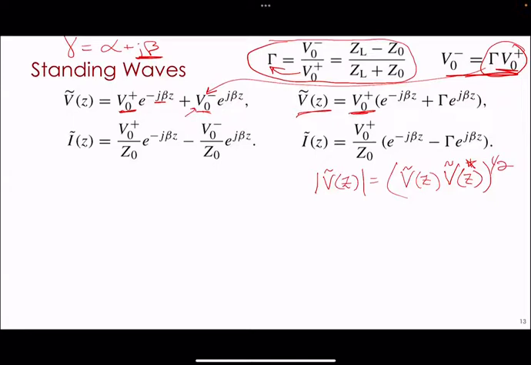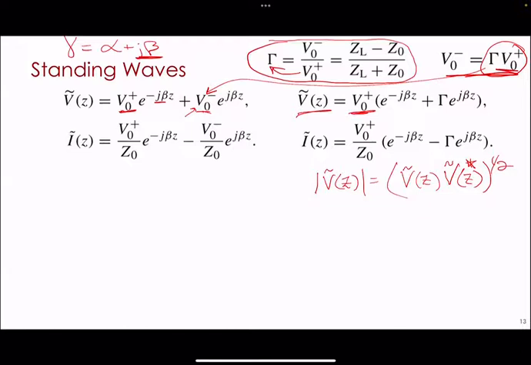If you don't buy it, you can take a complex number, just pick one, 3 plus j5. Calculate the magnitude the way I just described: 3 squared plus 5 squared, take the square root, and you get a number.